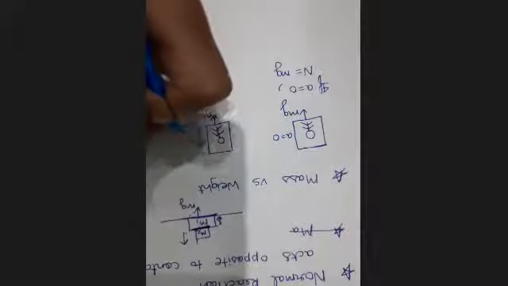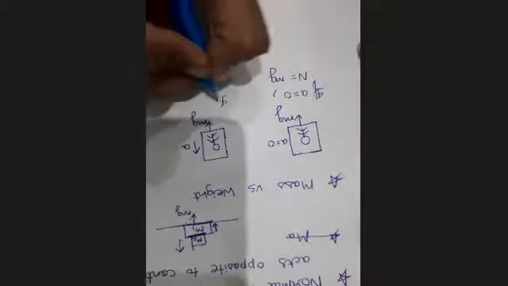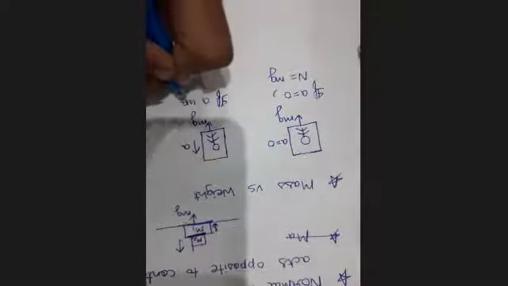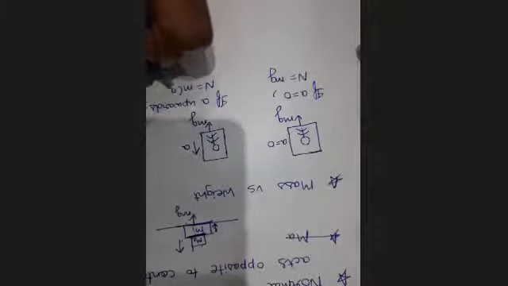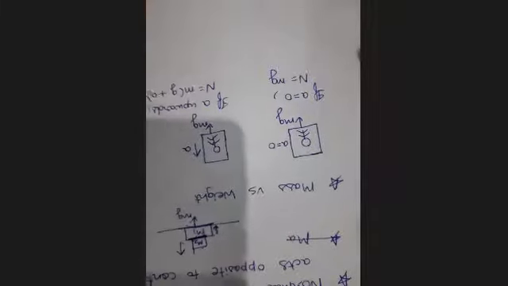In the second case, if a man is in an elevator, mg is acting downwards and acceleration is acting upwards. If acceleration is upwards, then N is equal to m(g + a).